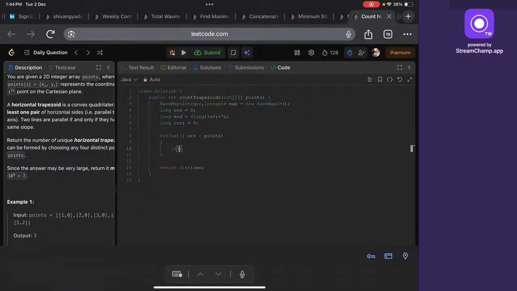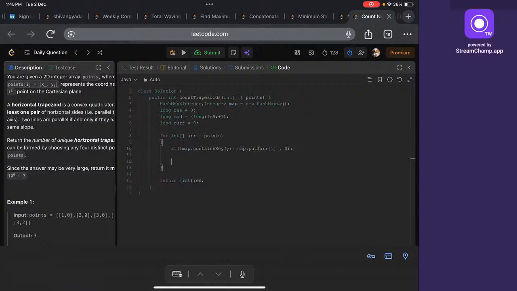By axis, if map does not contain the key, it's the first value, then I am going to put a reference to y, array of 1 comma 0.